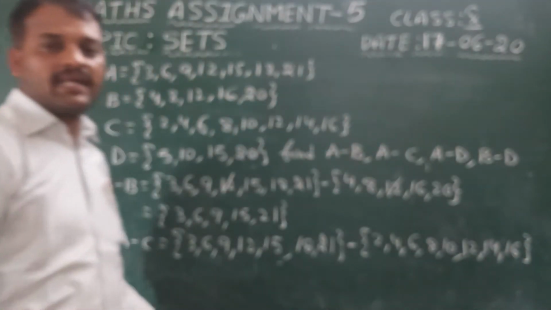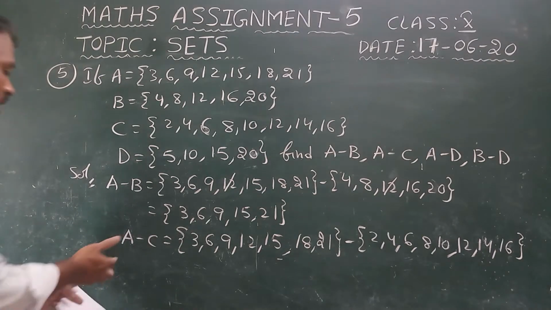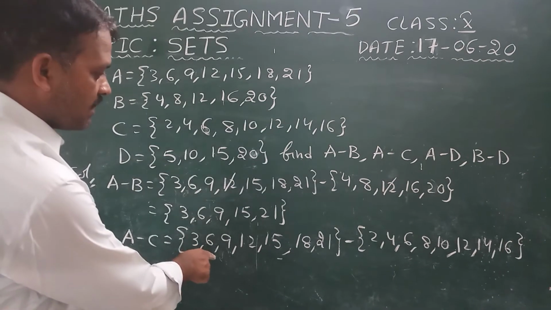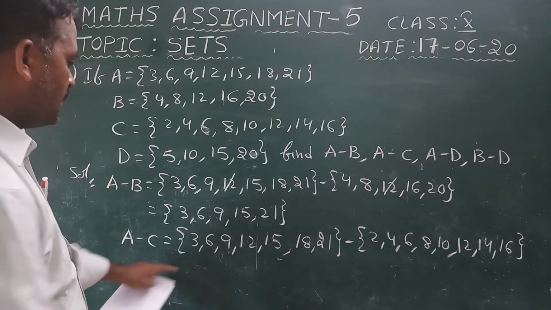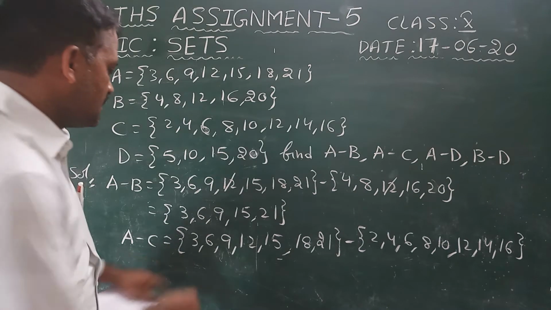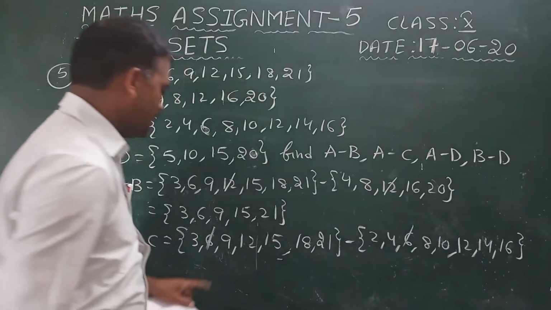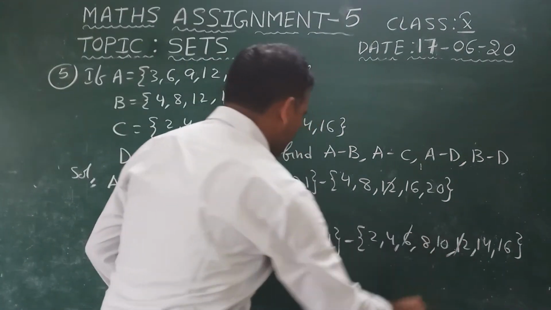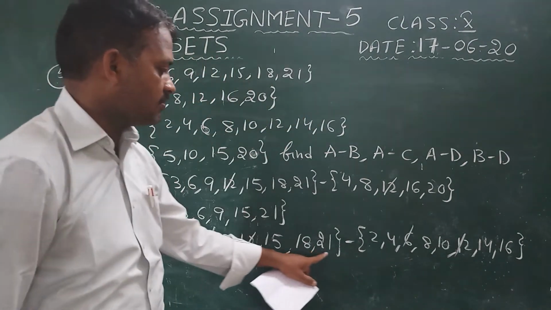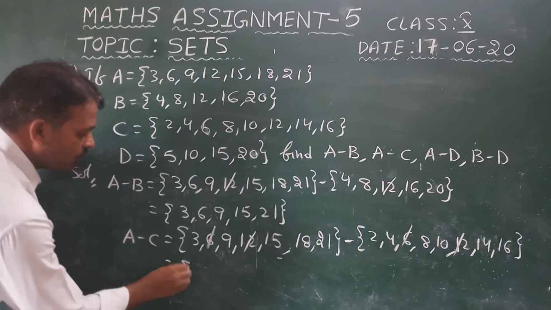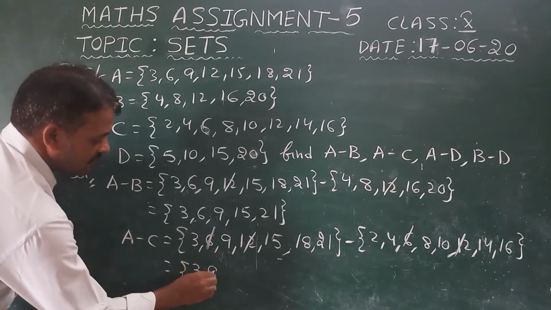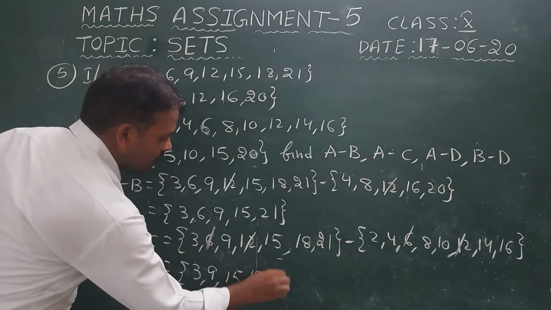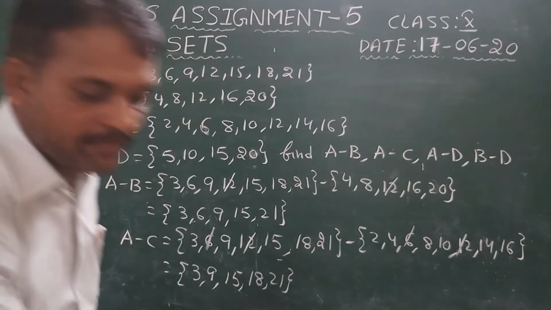Now we need to cancel the common elements, because I need only the elements containing A. 3 is not there, and 6 is there, so 6 gets cancelled. Next 9 is not there. 12 is there, so cancel the 12. 15 is not there, and 18, 21 are not there. So the remaining elements of A are 3, 9, 15, 18, 21. So this is nothing but A minus C, students.